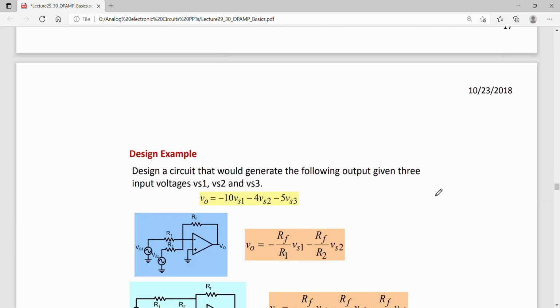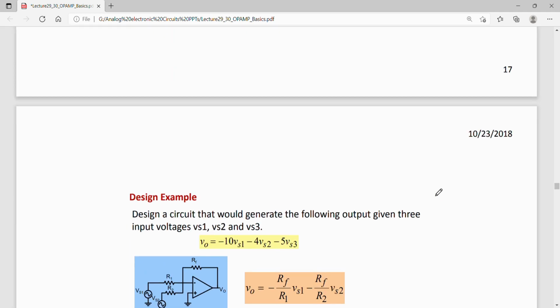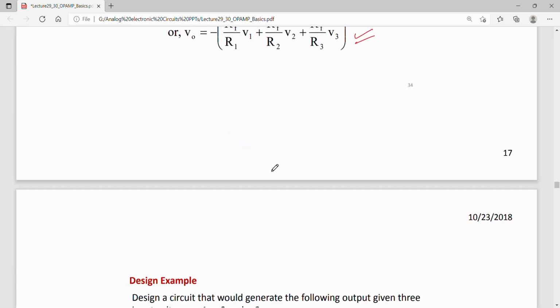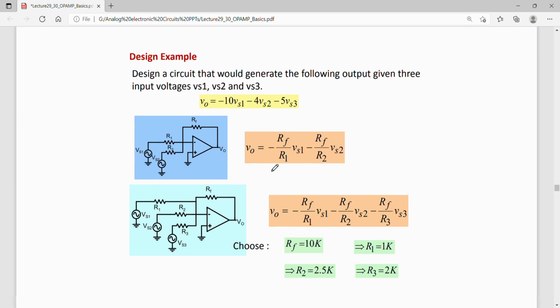This is the same equation for V naught that we have just found. All resistances are equal, so the output is minus of V1 plus V2 plus V3. Now let us take a design example.